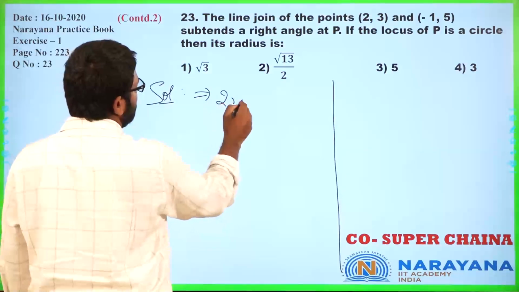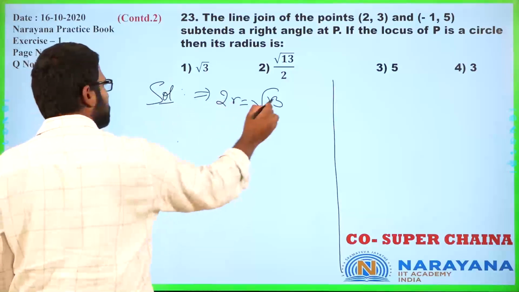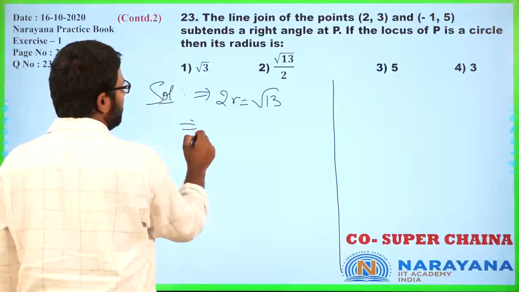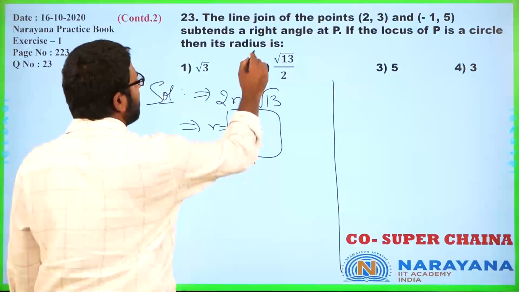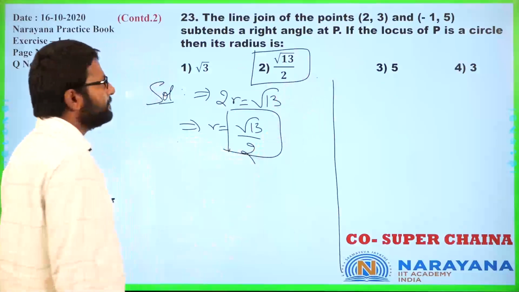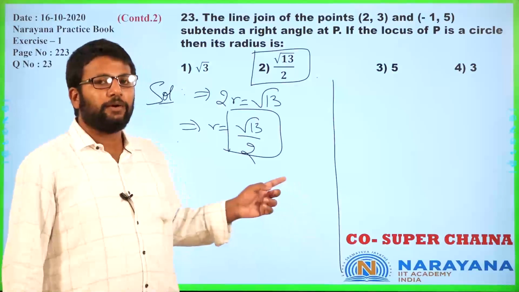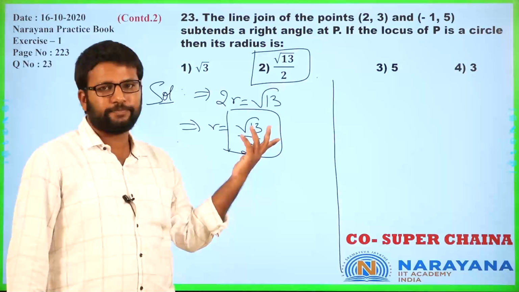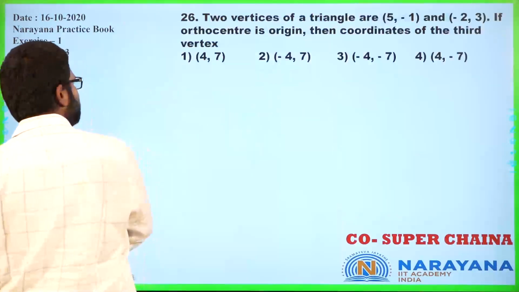Which means 2r is root 13, so your radius is root 13 by 2. Got it? So the locus of P, or rather the curve joining all points like P, is a circle with this radius. Right? Okay, let us proceed then.